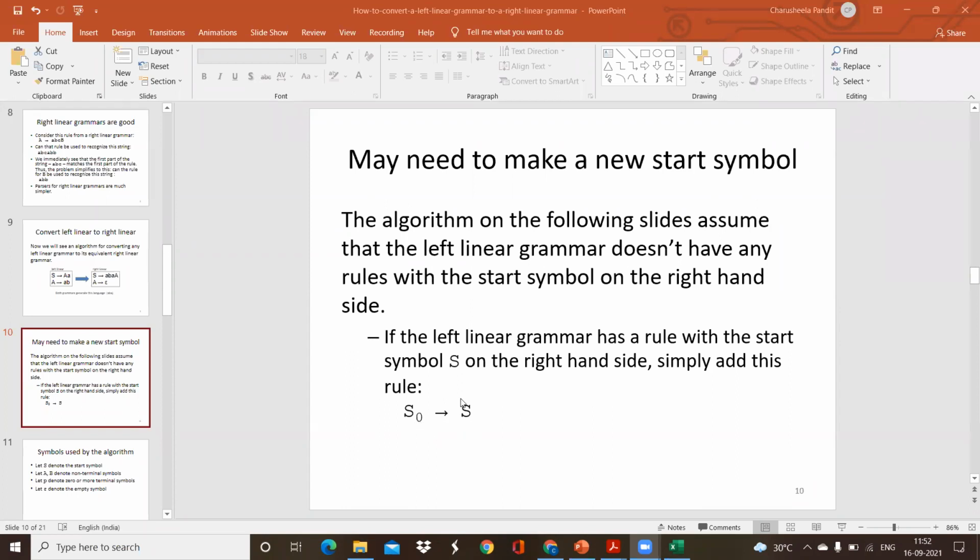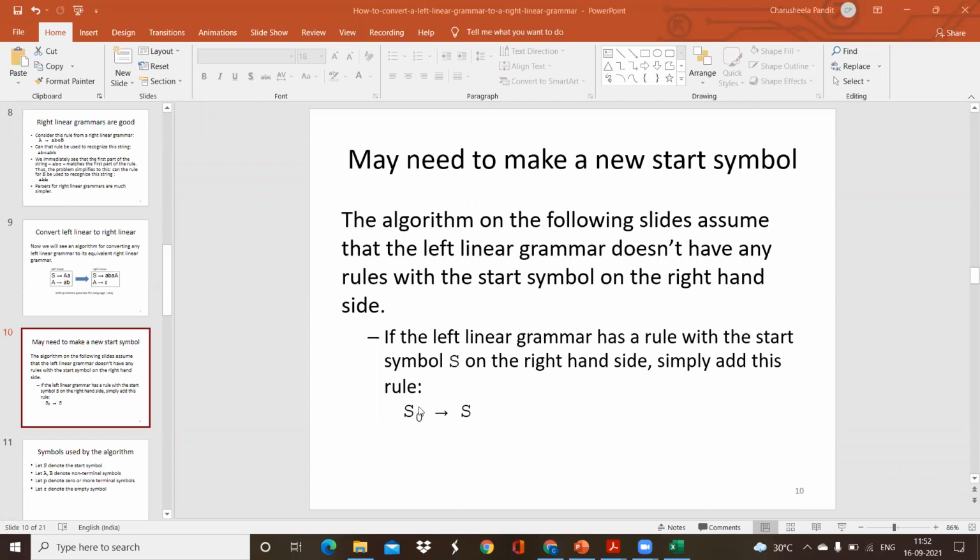So if S is your start symbol, and you want your start symbol on the right hand side, then you should add a new non-terminal that derives your start symbol. When you add such a production rule to your grammar, we say that your grammar is augmented.